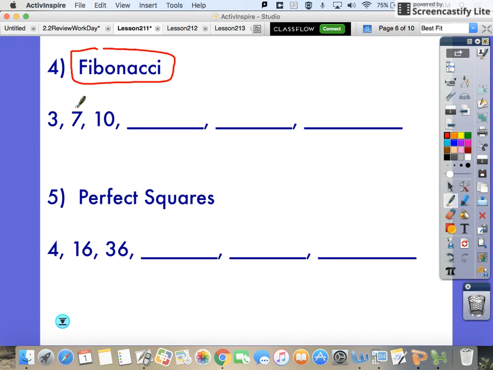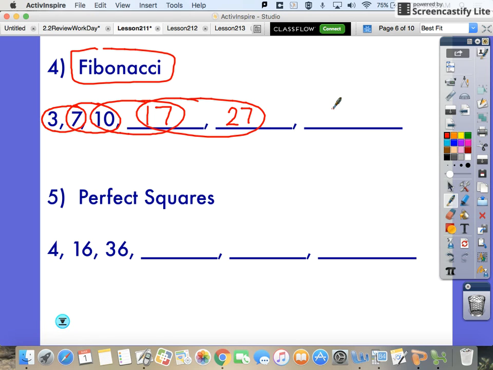But basically what it is, if you take 3 plus 7, it equals 10. And then 7 plus 10 equals 17. And then 17 plus 10 is 27. And then 17 plus 27 is 44.